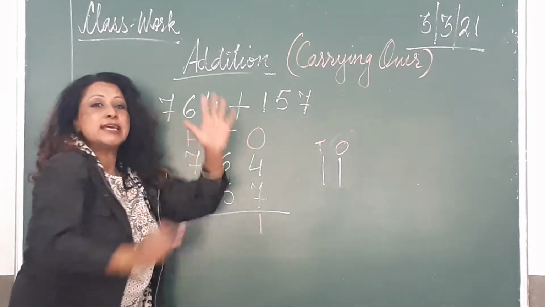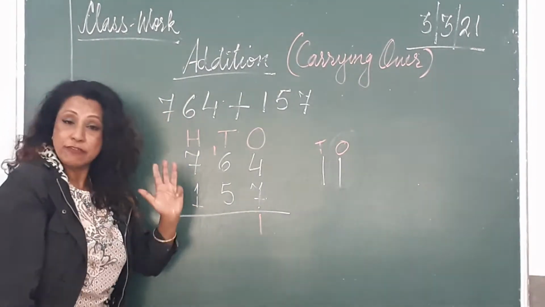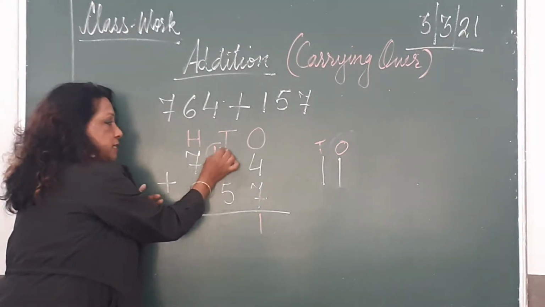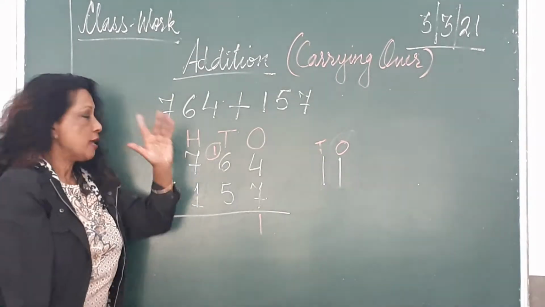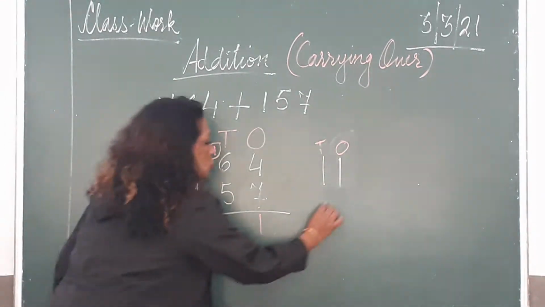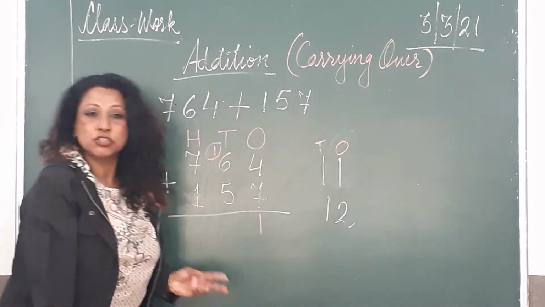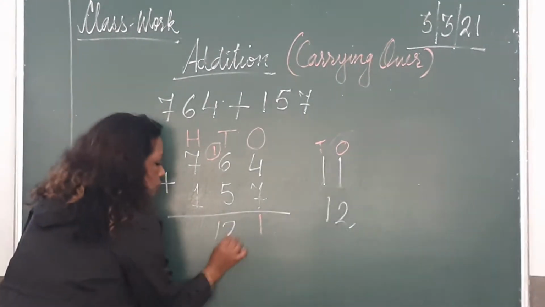So 6, 7, 8, 9, 10 and 11. 11 plus, don't forget this carried over, 11 plus this 1, take out 1. 11 plus 1 is 12. 12 again is a 2-digit number, isn't it? So you cannot write 12 here.